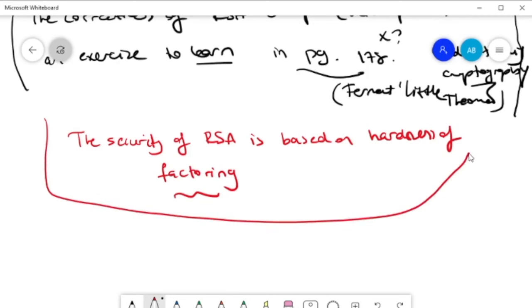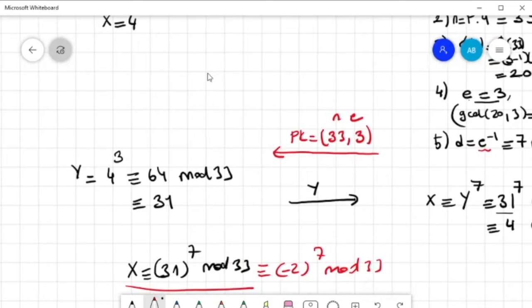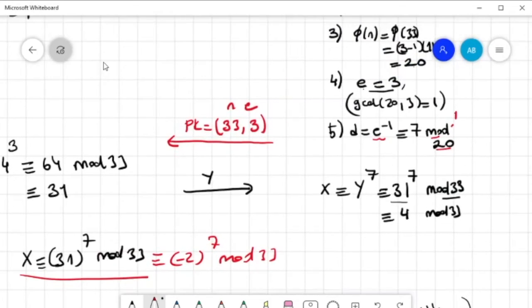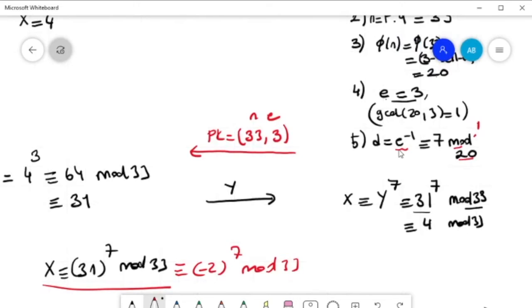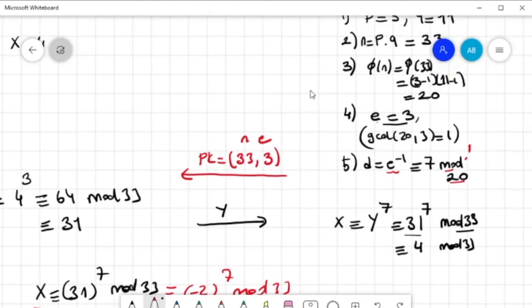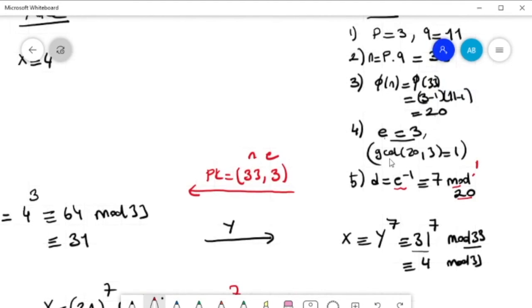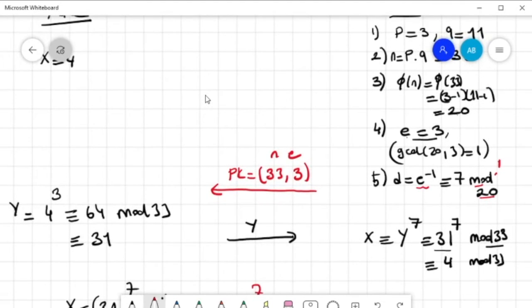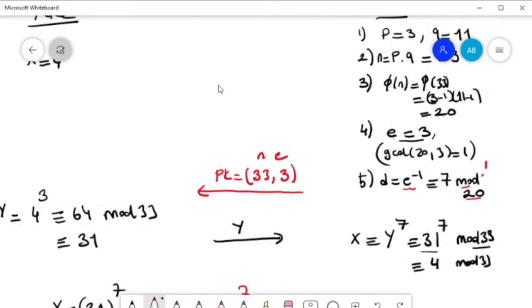So here, when we have a look at the scheme, what is important here is that in order to compute the secret key, which is D, if we know E and if we know phi of n, we can easily compute D by the extended Euclidean algorithm as Bob does. But in order for RSA to be secure, this phi of n has to be hard to generate. We cannot generate phi of n easily. So what was the phi of n?